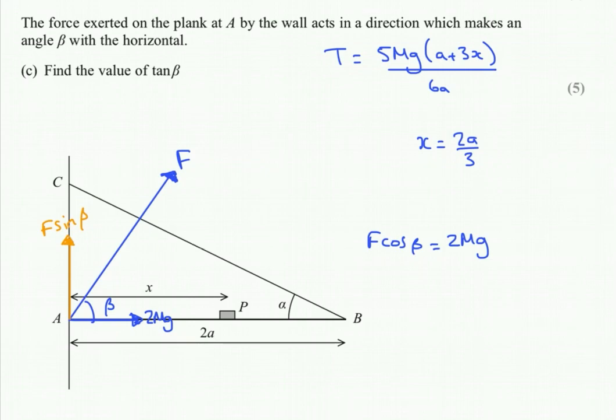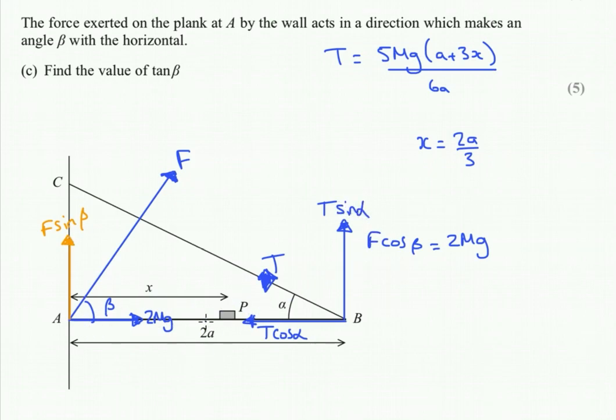We wrote this down because it's true, but also because if you remember from part B, we were resolving the horizontal forces. We used the horizontal component of the tension, and said that that was T cos alpha. There's a vertical component of the tension as well, which will be T sine alpha.